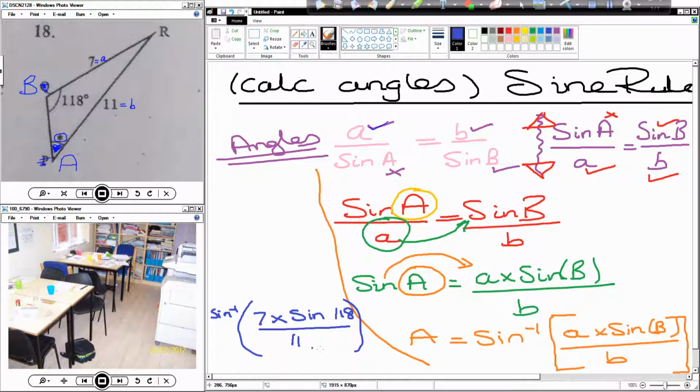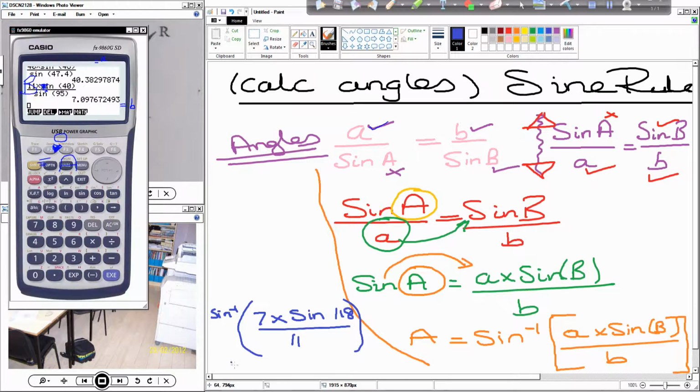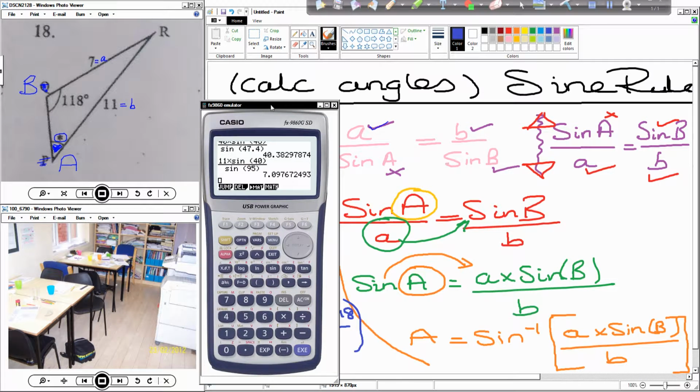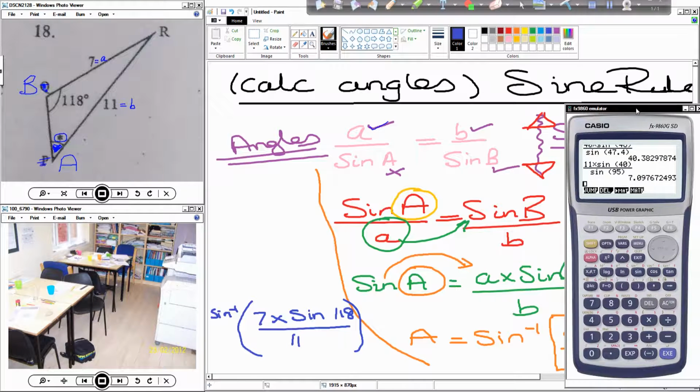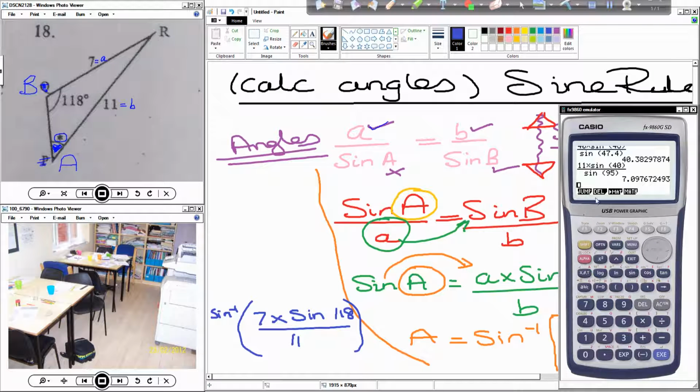Now you need to put all of this into the calculator. Let's launch the calculator. Okay, let's type that in. First was shift, sin. If you press shift and sin, it gives you sine minus 1. Now you put our brackets in, fraction button, so we make it look like that. 7 multiplied by the sine 118.